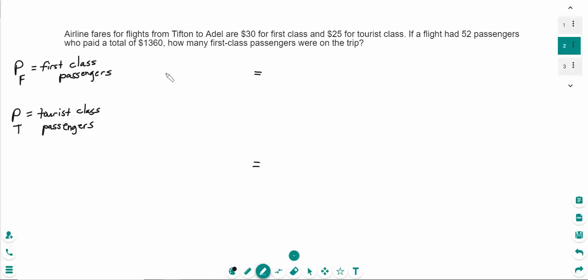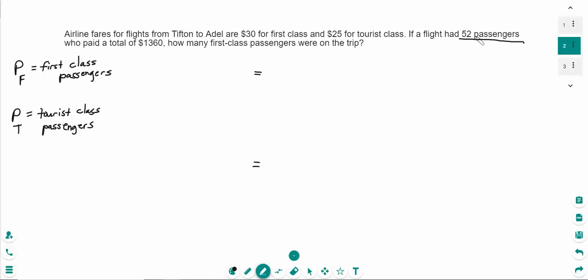All right, so now, once we've got our variables figured out here, we can then look for equations. So, if a flight had 52 passengers, that tells us something right there. The flight had 52 passengers. Well, our variables here are numbers of passengers. We have the number of first class passengers, and we have the number of tourist class passengers.